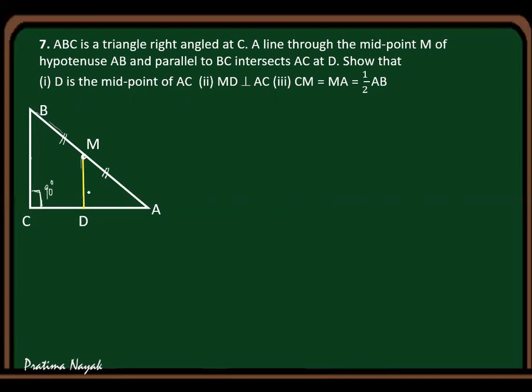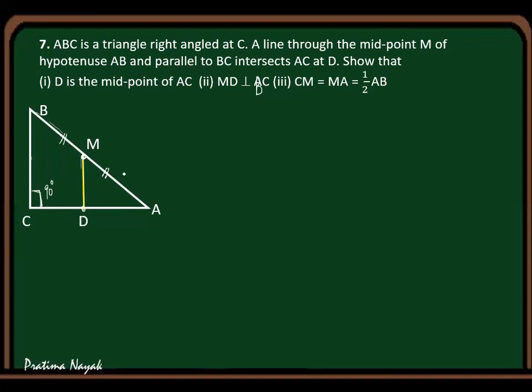You have to show that D is the midpoint of AC, MD is perpendicular to not AC, it is BC, and CM, I've joined, MA is equal to half of AB.